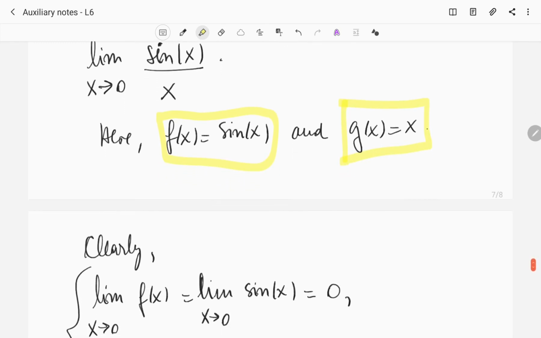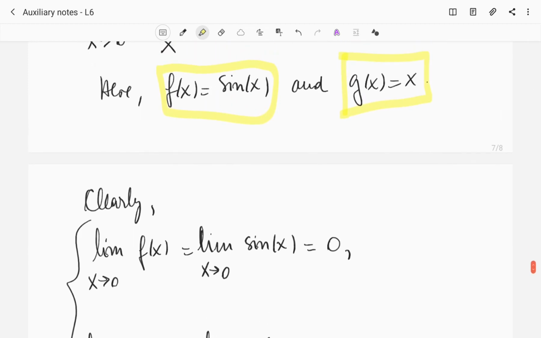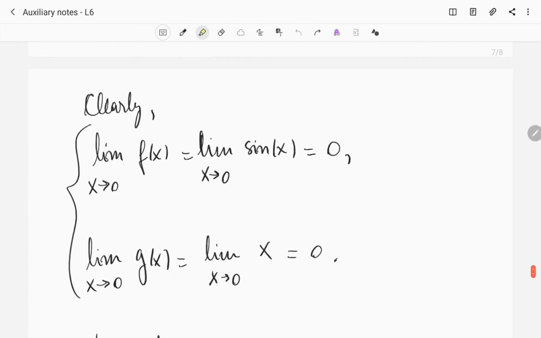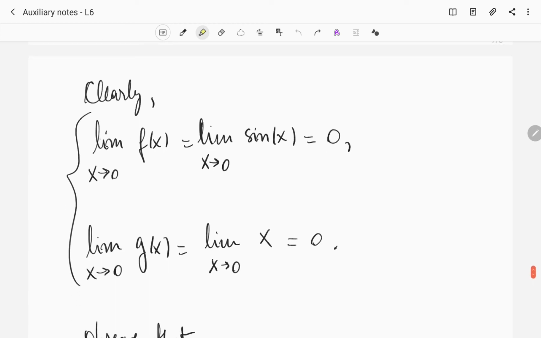It's clear that we have the first package of conditions, where the limit of sine of x when x goes to 0 is 0, and of course the limit of g of x, which is just x, when x goes to 0, goes to 0.